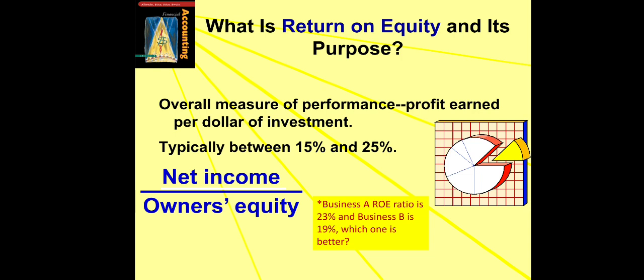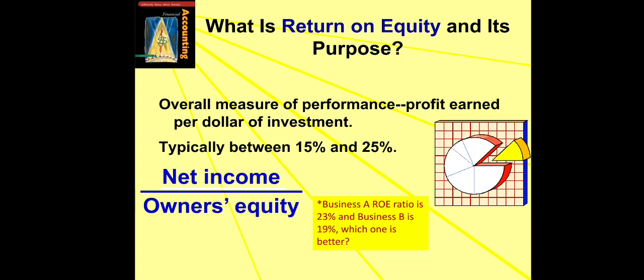And then something that you have to know about return on equity is, if you want to invest in a business, make sure the ROE of the business is between 15 to 25%. So let's say in the future you have extra cash, and somebody asks you to invest in his business.